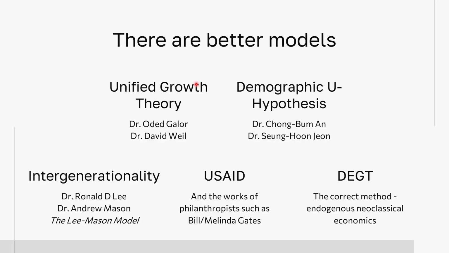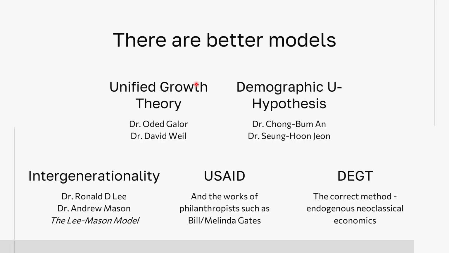And so UGT gets it right, and you can find many models out there that prove UGT at an empirical level. I would highly recommend the paper by a Dr. Michael Cervellati, I believe, from Italy, who substantiated UGT.